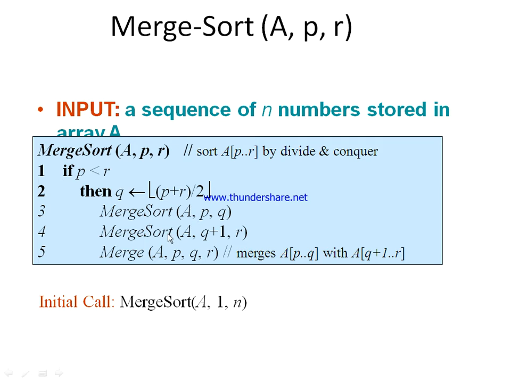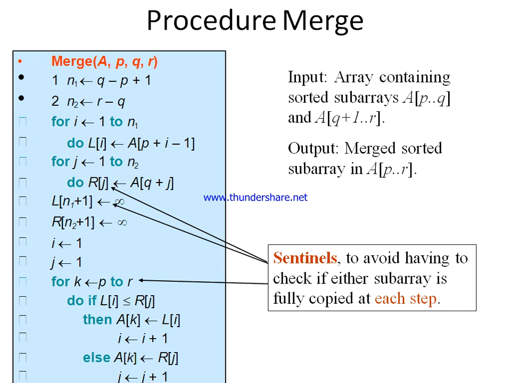So 1, 2, 3, 4, and next the second half is similar. You can continue in this manner, calling these until the initial condition is met, then you can perform merge sort. So this is how we can partition and merge.